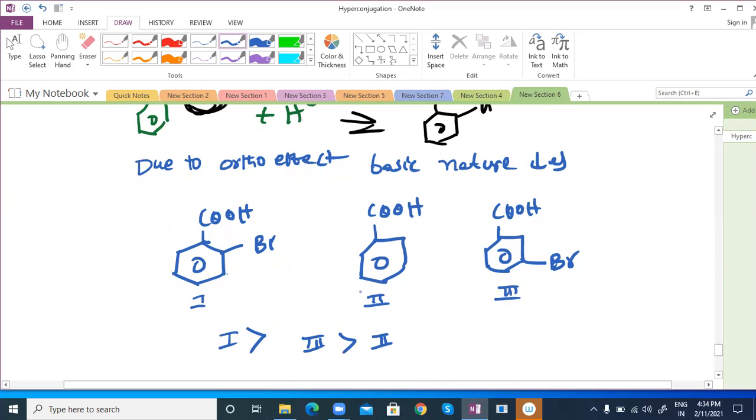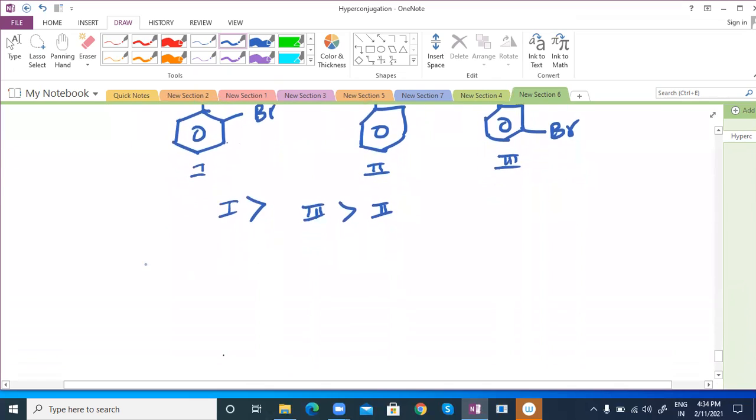So I'm giving one more also. This is methyl-containing benzoic acid, with CH3 plus COOH, compared with one without methyl. Which is more acidic?